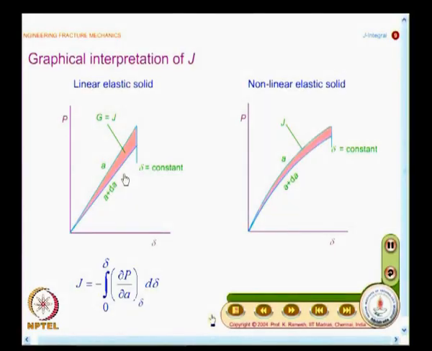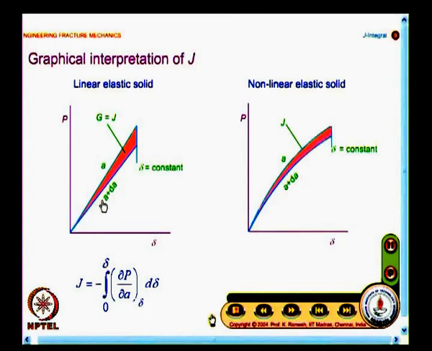Here it is shown for constant displacement. So, this is the energy interpretation of G, which is same as J for a linear elastic solid.